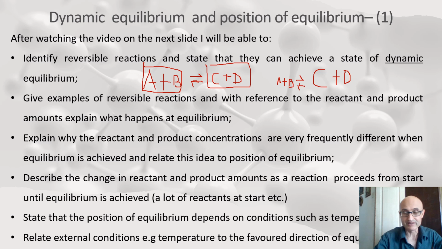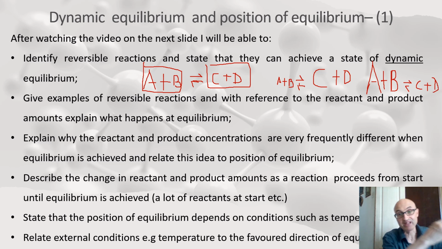Now, if on the other hand we have the opposite situation, where we have a lot of A and B at equilibrium but a very small amount of C and D, we say that the equilibrium is now shifted to the left, and there is more of the reactants at equilibrium than of the product.